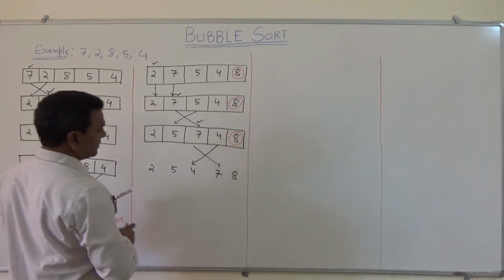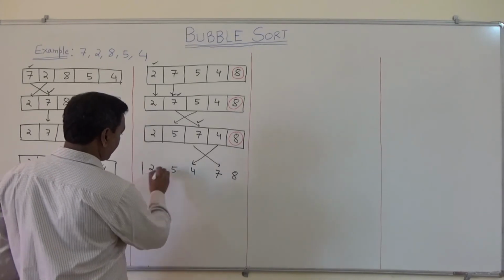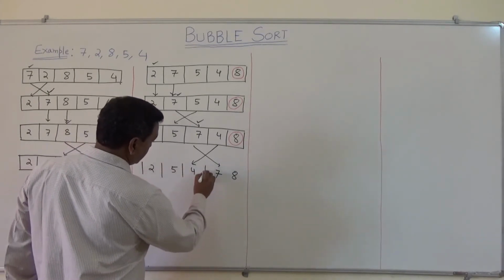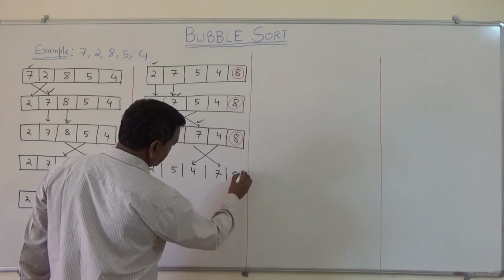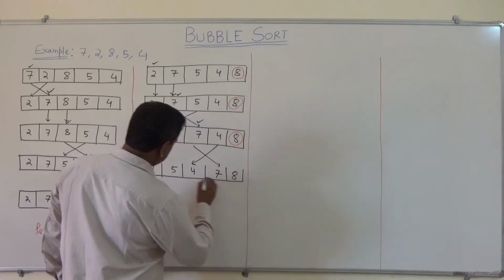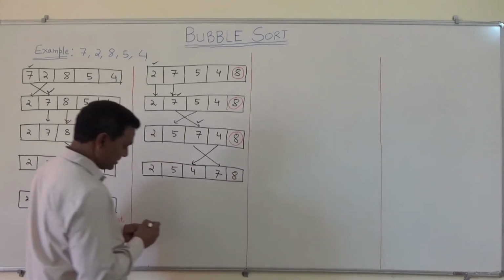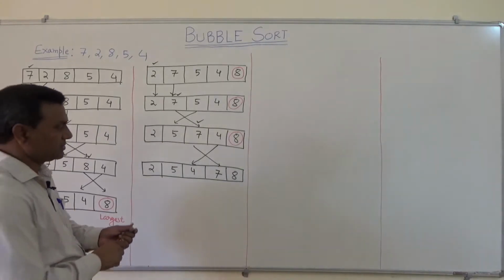So in this way, 7, the second last element, is in its final position, or we can say the last two elements are at their final places.